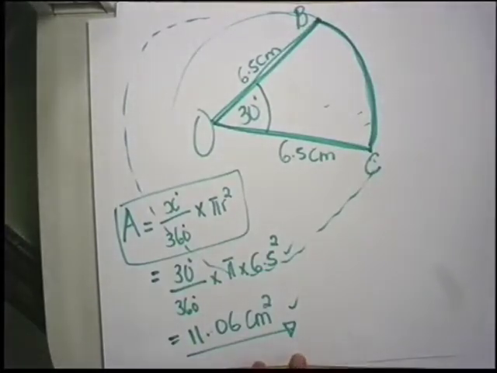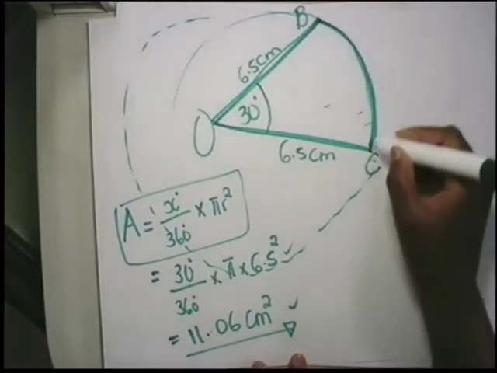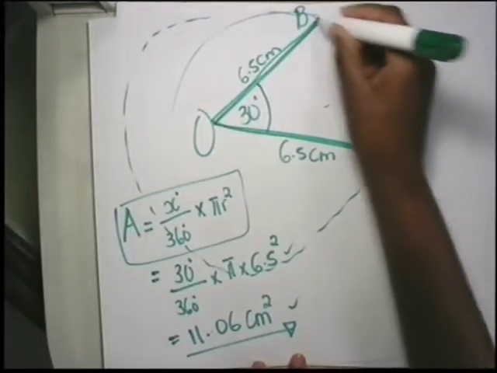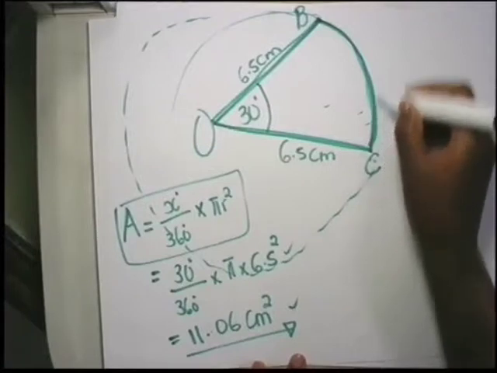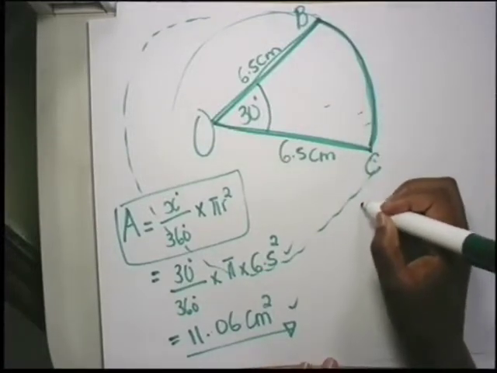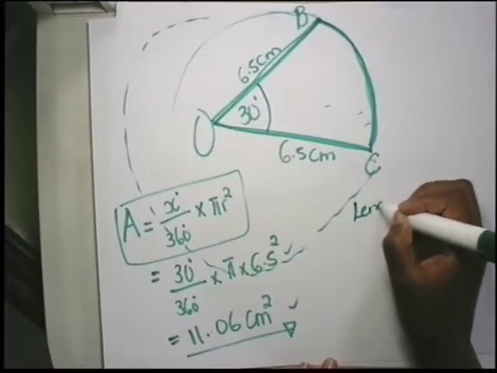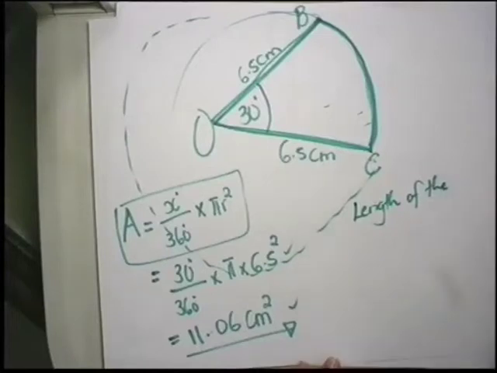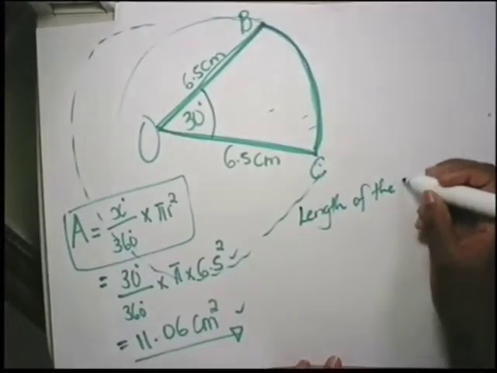So then what must we do? We have to work out this part first. How to work out the circumference of the circle, only the arc of it? So then the formula is what? The length of the arc.